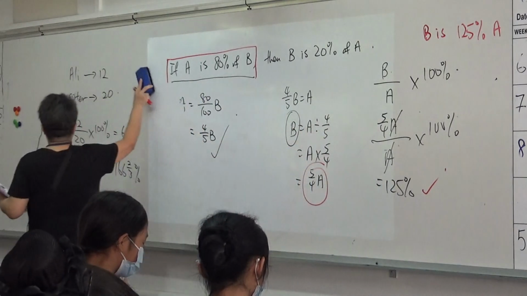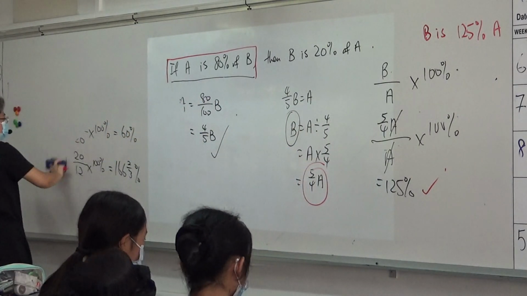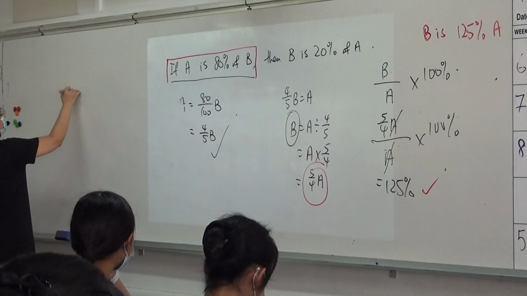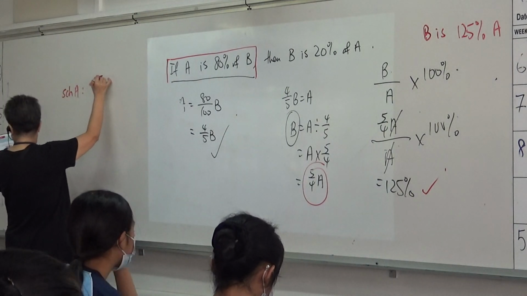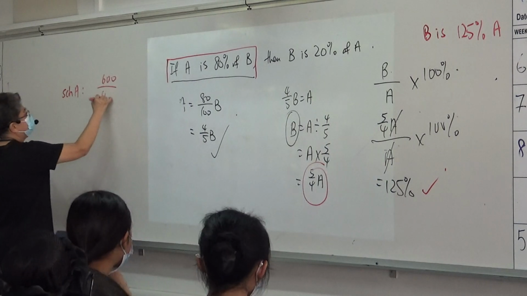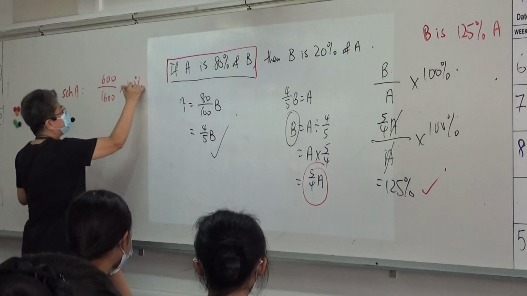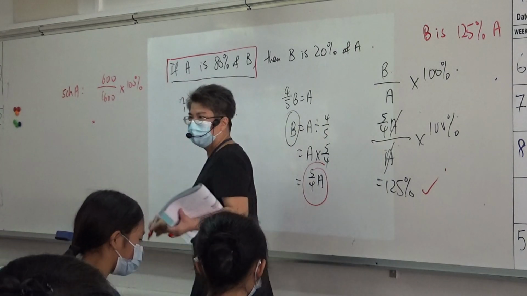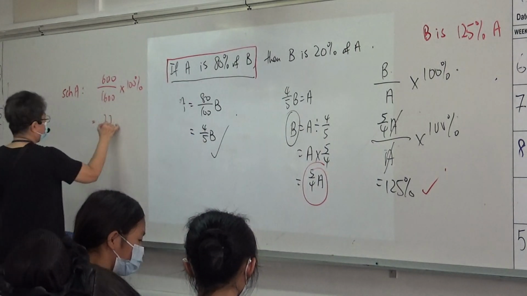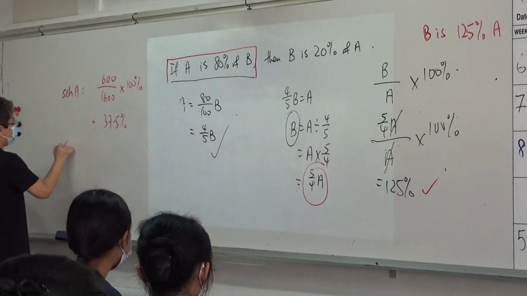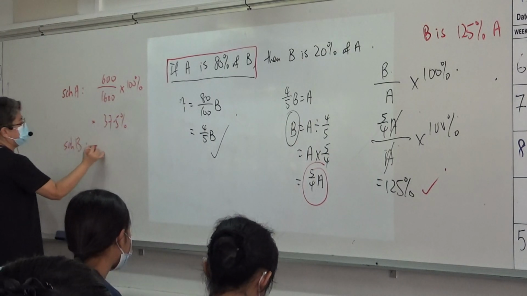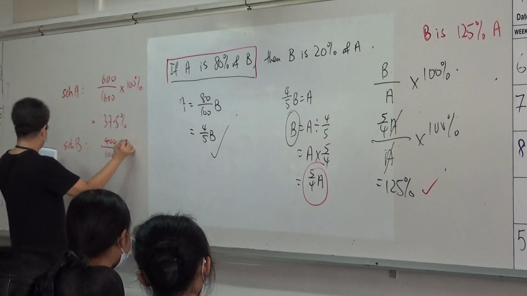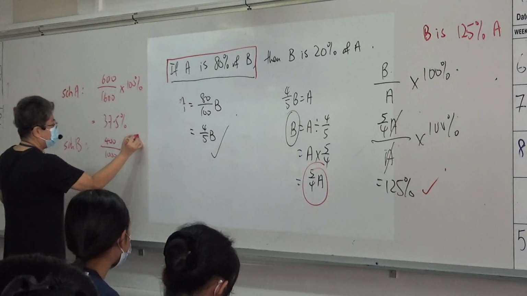For school A, it will be 600 over 1600 times 100%. All of you find out how many percent this is. 37.5%. Okay, what about school B? 400 over 1000 times 100%.